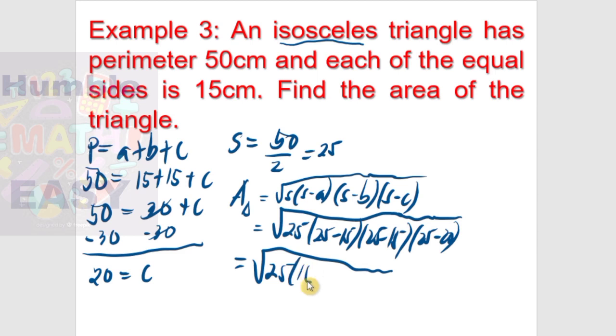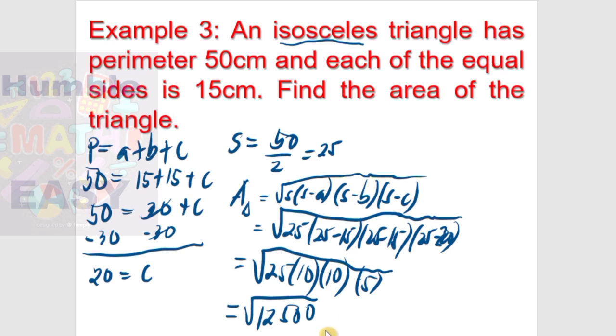And we now have 25 times 10 times 10 times 5, and so we have 12,500 as the product. So the square root of 12,500. What is the square root of 12,500?